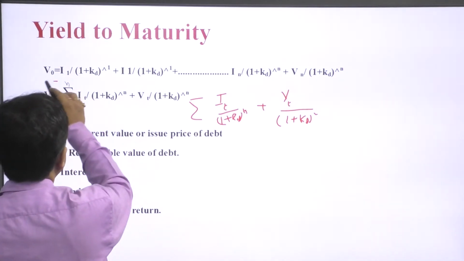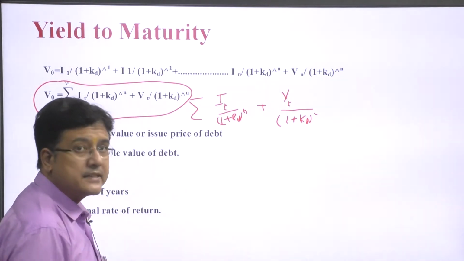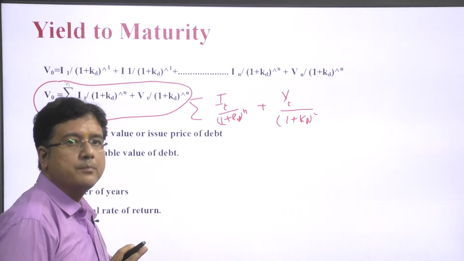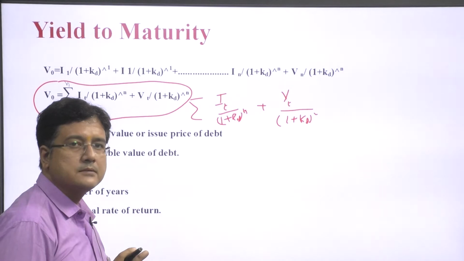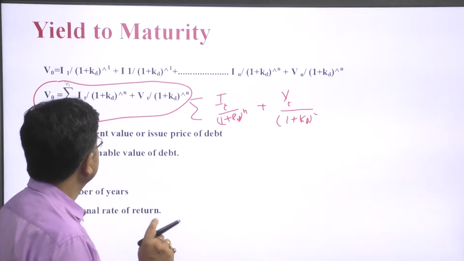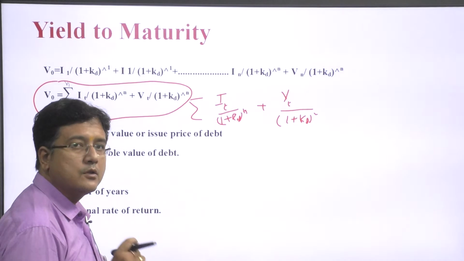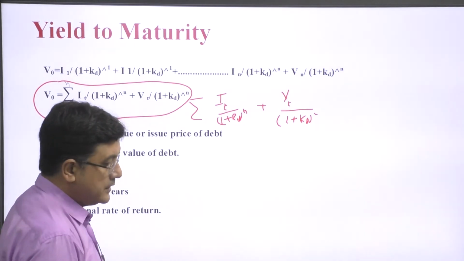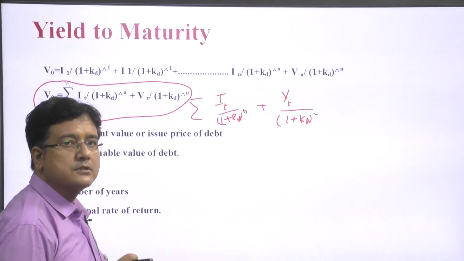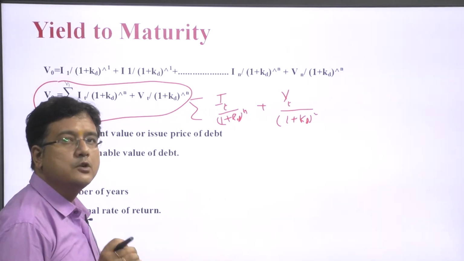So it represents that V0 is the total of all the interest paid during the overall period, plus the redeemable value of the period. This is the hit and trial method. With the help of a numerical, I will try to solve it so you can understand properly what the yield to maturity method is.